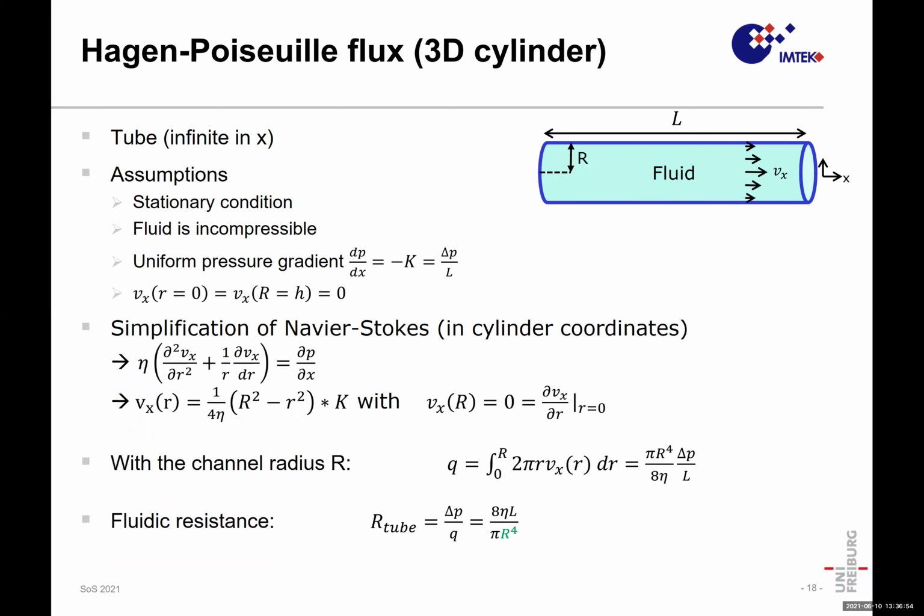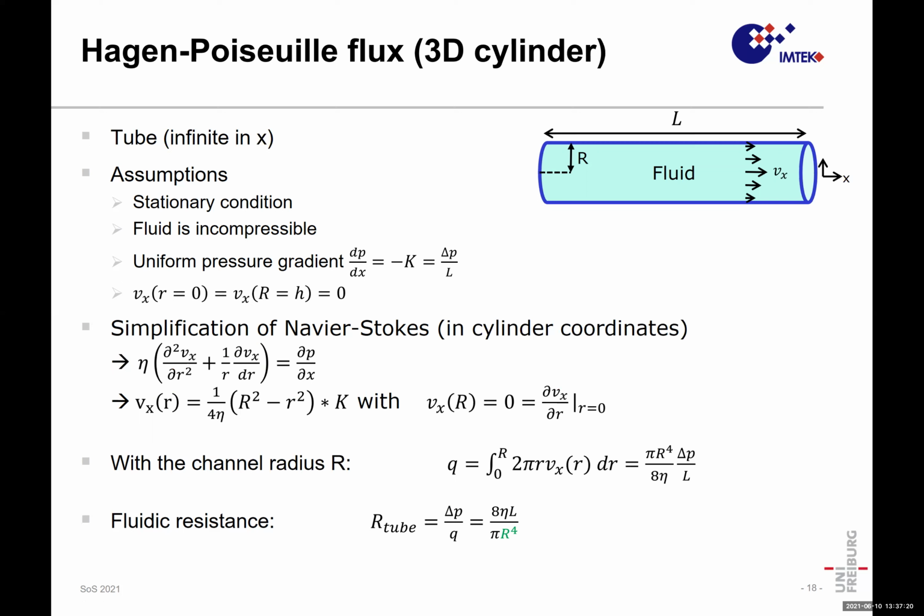So the second situation is very simple. It's quite the same as before, but most often we don't have slits, but tubes. So there's a tube with a length L and the radius R. We do the same in cylindric coordinates, can solve again. And now we get a tube resistance, which is proportional again to the length, but inverse proportional to the radius to the fourth.